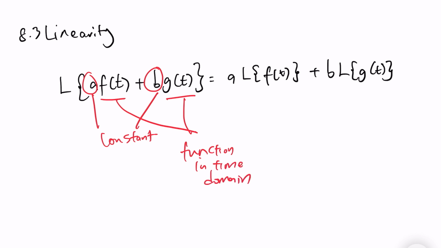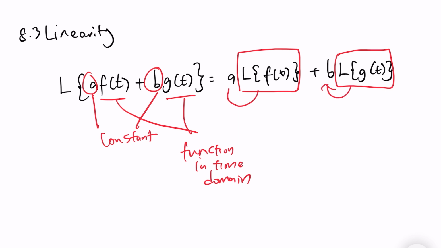Alright, in simple terms, this means that if you have a sum of functions, each multiplied by a constant, you can take the Laplace transform of each part separately: the Laplace transform of f(t), the Laplace transform of g(t), and just multiply by its constant.